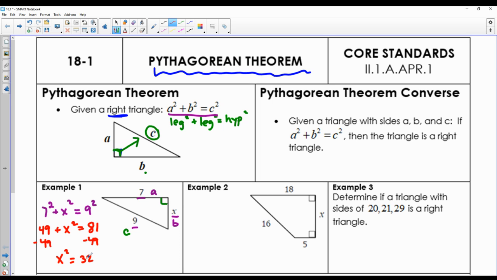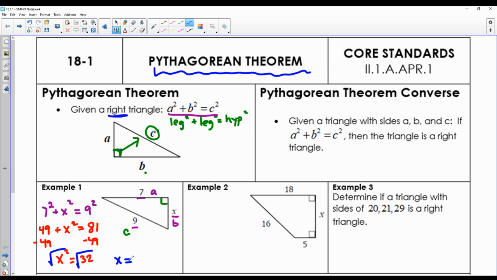In your homework, we're just going to let you round it to the nearest 10th, instead of trying to simplify radicals. We'll do that next lesson. So when I go to find what x is, I'm going to take the square root of both sides, undo that square right there. That just leaves me with an x.